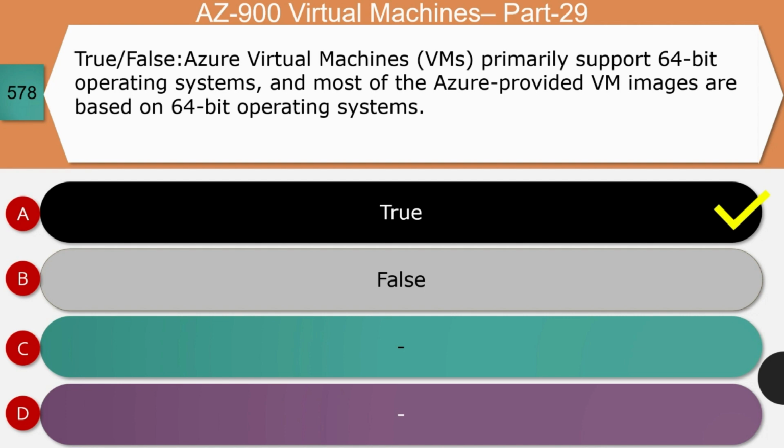However, Azure VMs also support 32-bit OS, but they are not as common compared to 64-bit operating systems. Some examples of 32-bit operating systems that are supported on Azure VMs include Windows Server 2008 R2, Windows 7, and various Linux distributions.